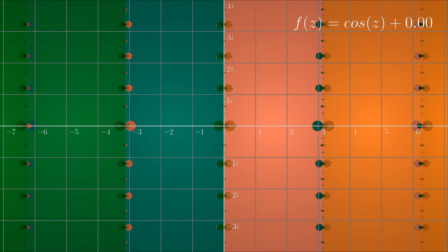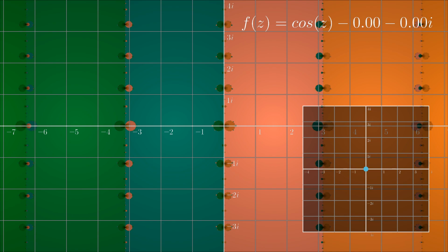Let's add a complex variable to our formula. To generate our animation, we will make it vary across a path on the complex plane.